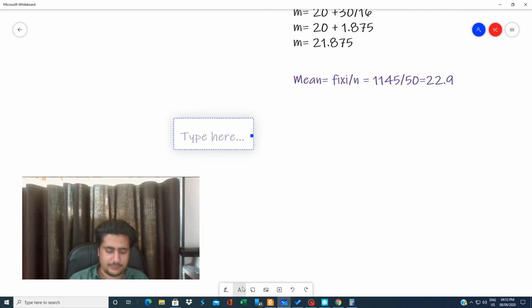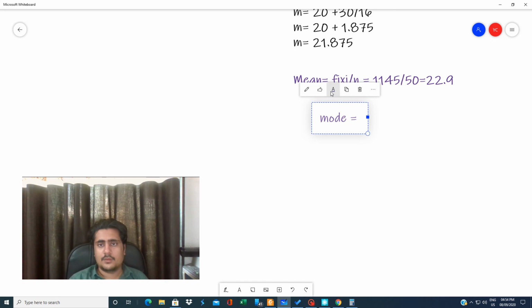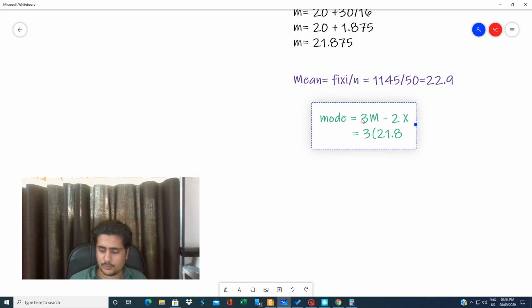Now you'll be finding the mode. So mode is equal to 3 median minus 2 x bar. What is 3 median? It is 3 into the median, 21.875, minus 2 x bar.